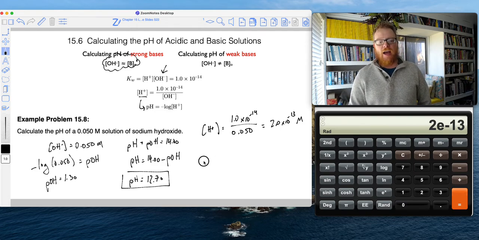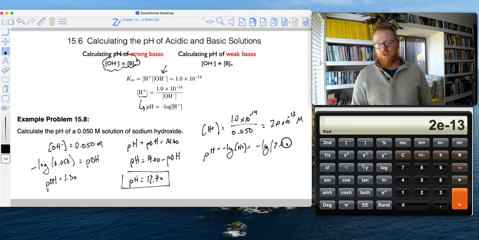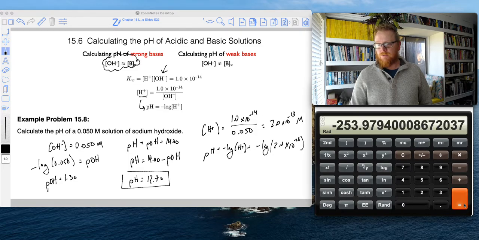And then now I know that my pH equals the negative log of H plus, which means the negative log of that number, 2.0 times 10 minus 13. And so I'm just going to leave that in the calculator and just push log. Oops. Let's try it again. So let's say 2 times 10 to the negative 13.